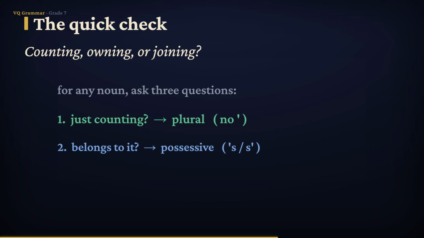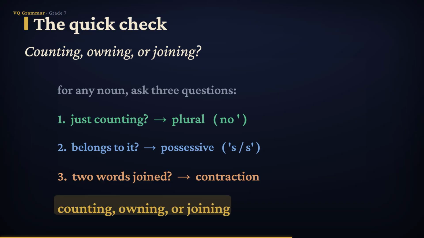Then it's possessive, and I add apostrophe s for one owner, or s apostrophe for many. 3. Am I really joining 2 words into one? Then it's a contraction, and the apostrophe marks the missing letters. Counting, owning, or joining. Let the apostrophe guide you.